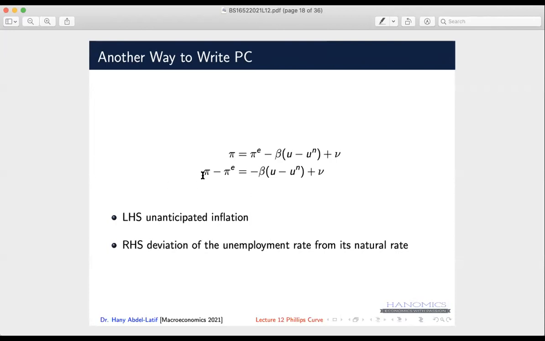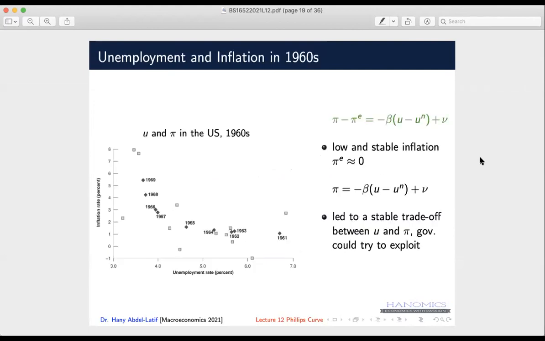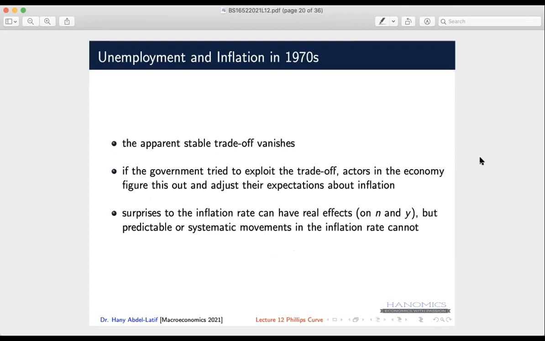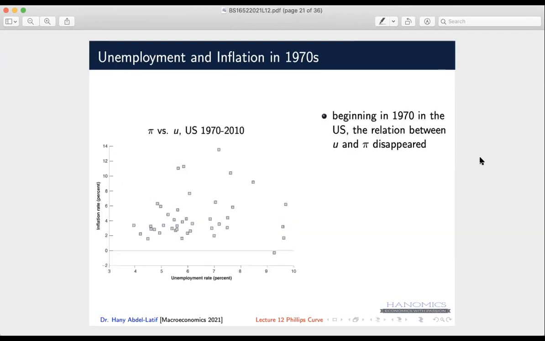As I said, the left-hand side is basically unexpected inflation. The difference here is the cyclical unemployment, or the deviation of the unemployment rate from its natural rate. And this term here, we know already, is the supply shock. This is something we discussed already in the videos, and it is one of the questions that we need to cover in the tutorial sheet.